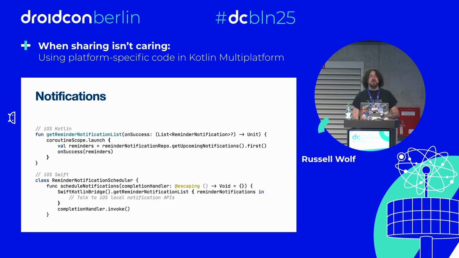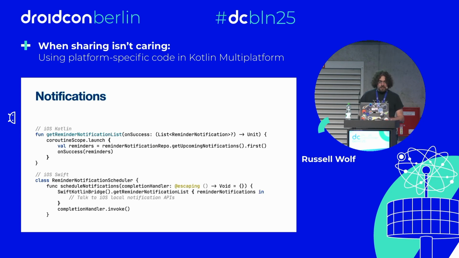This was before tools like SKIE existed, and so we wrapped that flow at the Kotlin layer and had a callback for when we get a new event. And then from our Swift code, we could subscribe to that, pass a callback that would then invoke the iOS local notification APIs and then signal when that was complete.